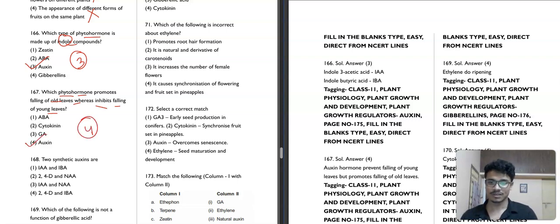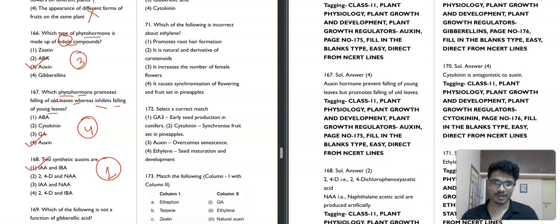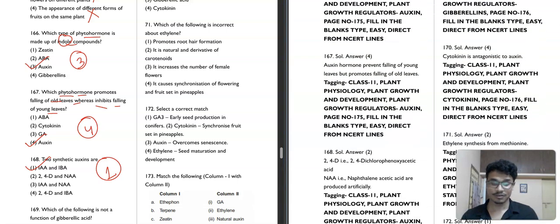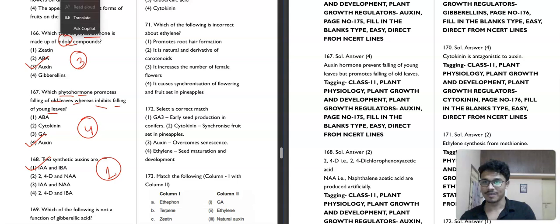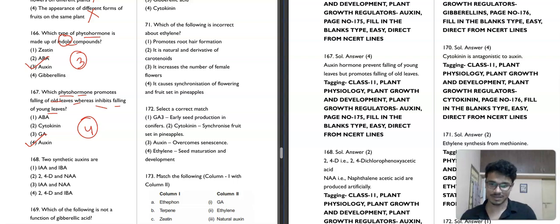Two synthetic auxins are, we have just answered, IAA and IBA. First option, indole acetic acid and indole 3 butyric acid. Oh sorry, it is saying synthetic auxins. See, I can also make mistakes while solving. Silly mistakes, obviously these are totally silly mistakes.